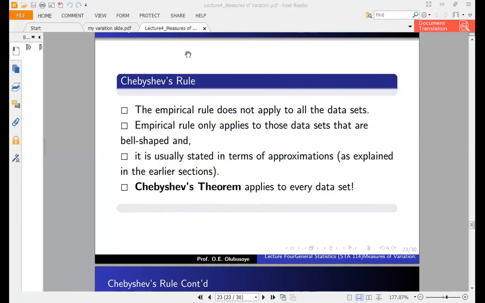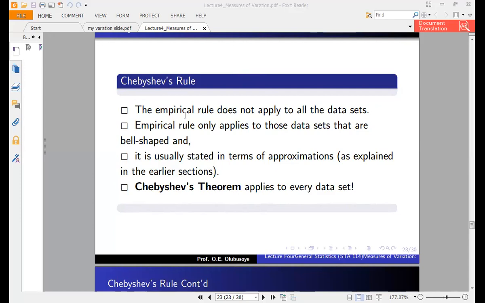Do not forget about the empirical rule which we learned last time, that it is only applicable to normal distribution data or symmetrical data. So the Chebyshev rule is very unique because there is no data set you cannot apply it to, even the normal distribution itself.